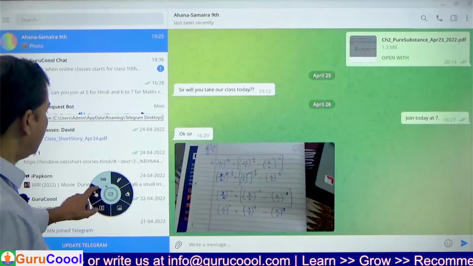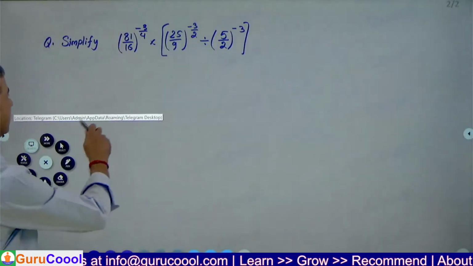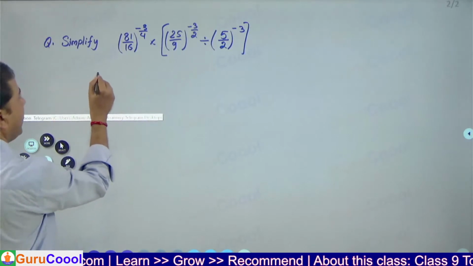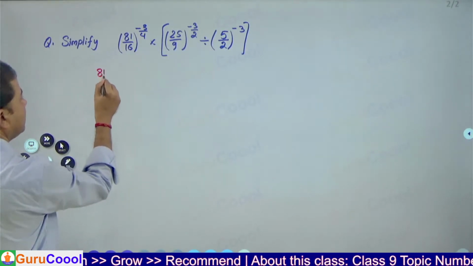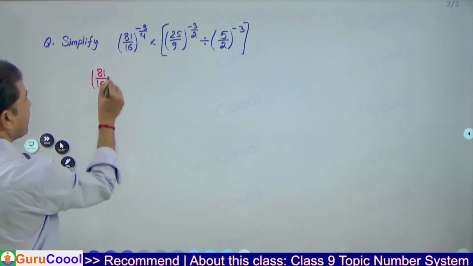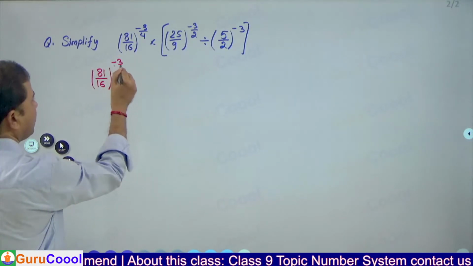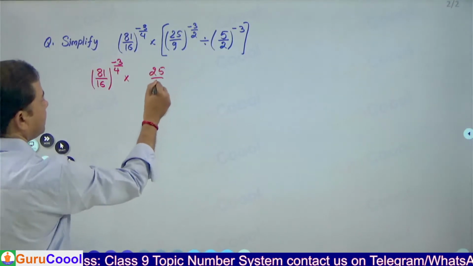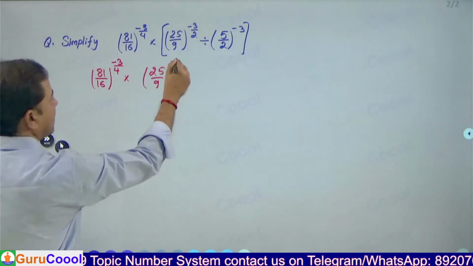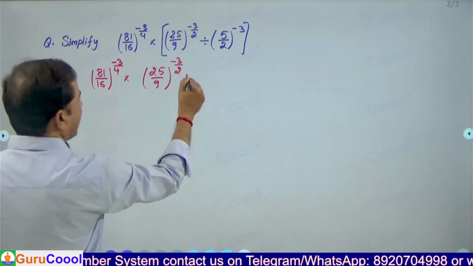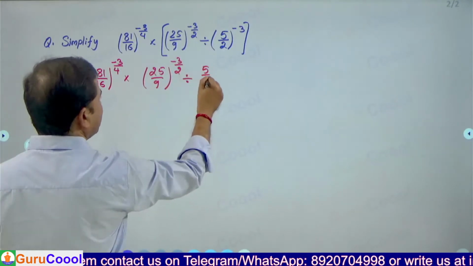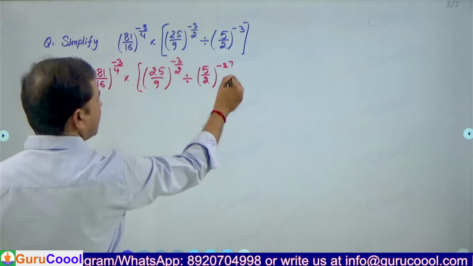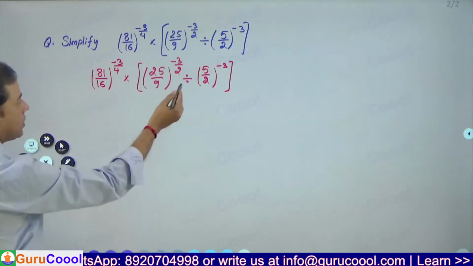Well, see here. We have 81 by 16 raised to the power minus 3 by 4 times 25 by 9 raised to the power minus 3 by 2 divided by 5 by 2 raised to the power minus 3, and this division operation is in brackets.